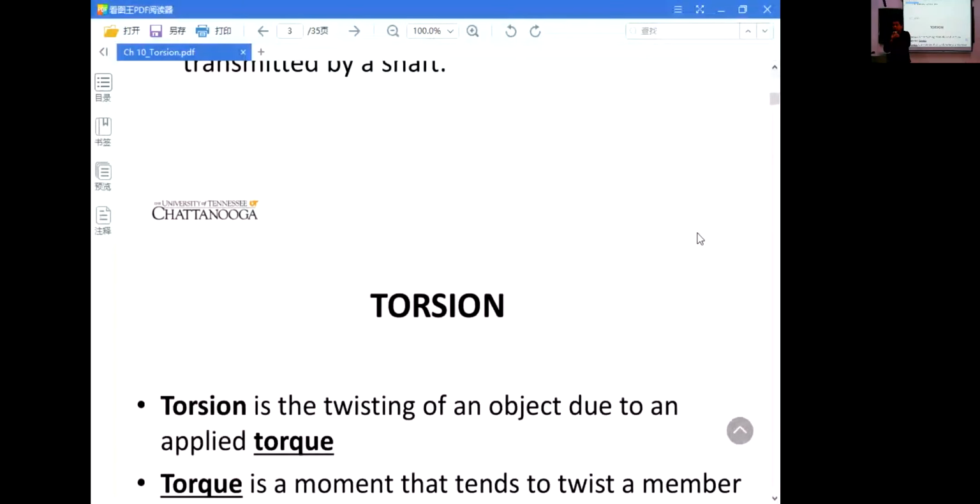This cross section will rotate with respect to the other end. The angle is the deformation of the shaft. Understand? Torsion. This end will rotate with respect to this end.